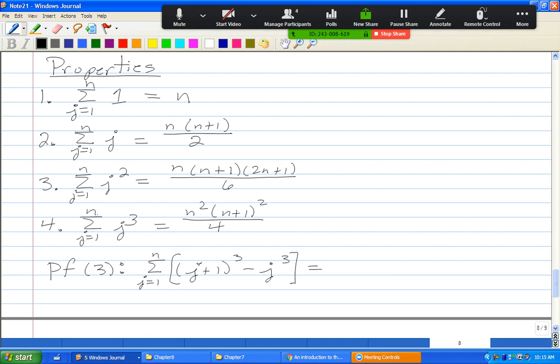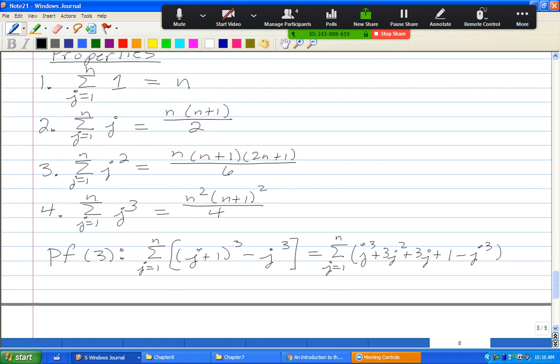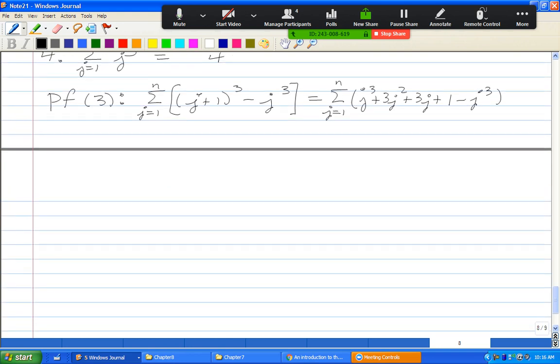Okay, so let's use the special product formula. So this is just j cubed plus 3j squared plus 3j plus 1 minus your j cubed. And so the j cubes cancel.